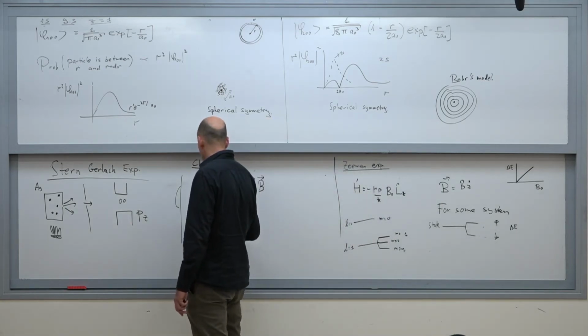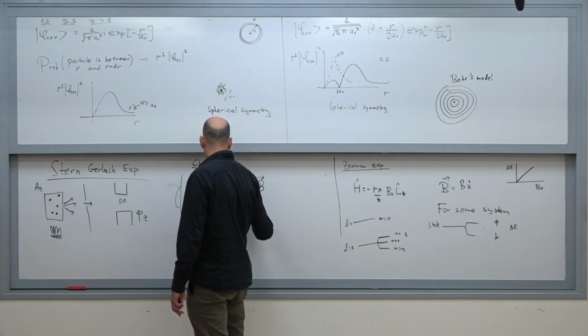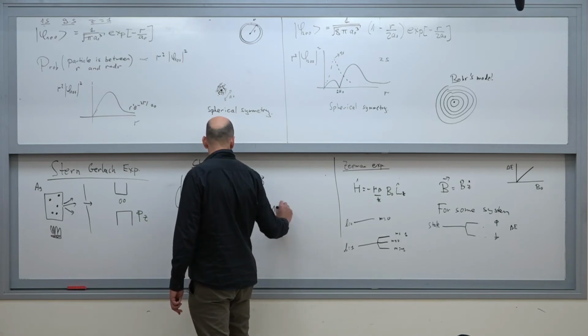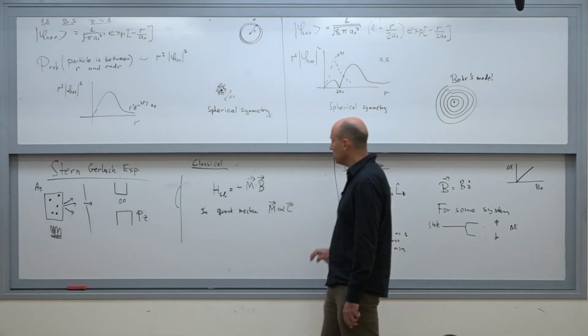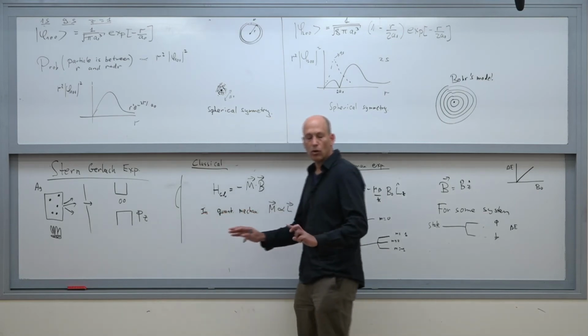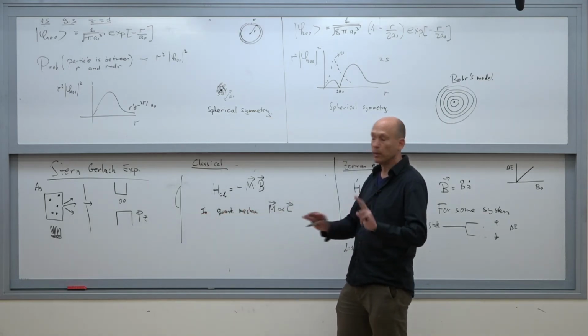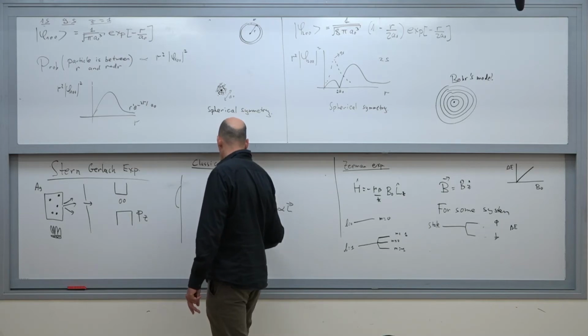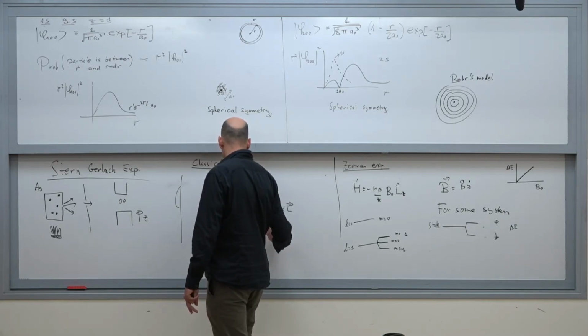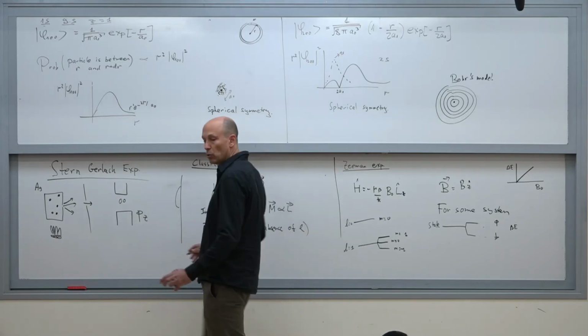So in quantum mechanics, we said already that m is proportional to L. But if, let's say, you have no orbital angular momentum, you have only spin, m is proportional to S in the absence of L. So L is equal to 0 for some reason.